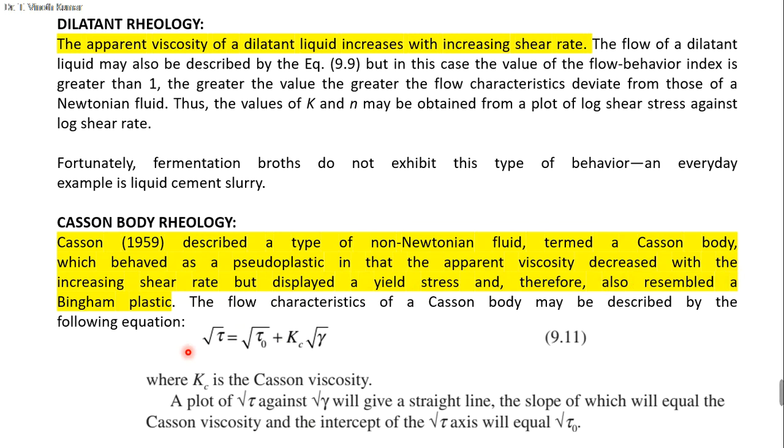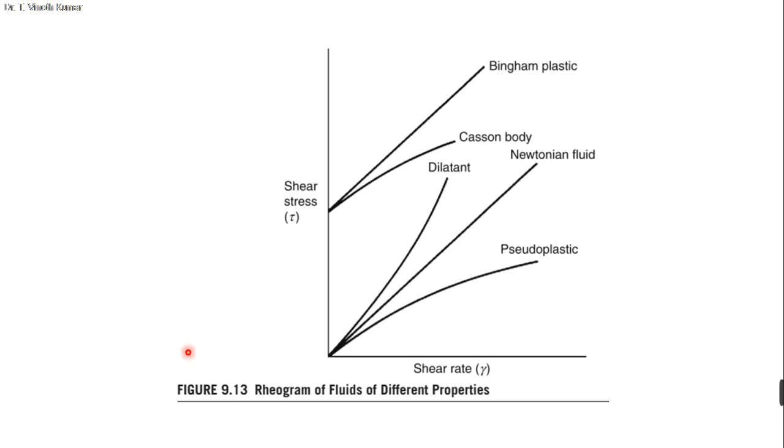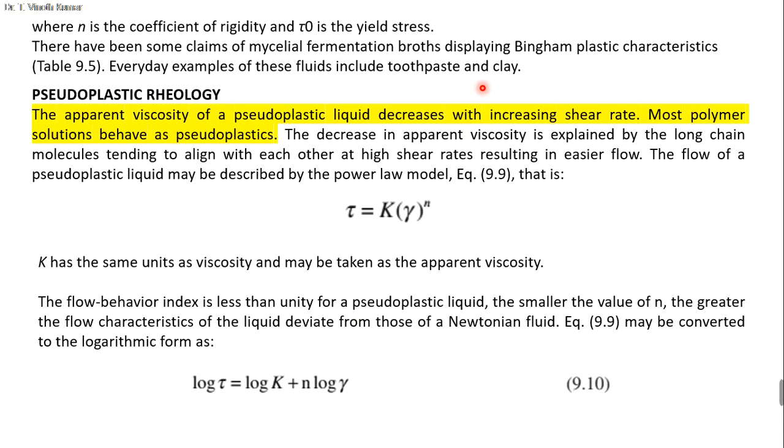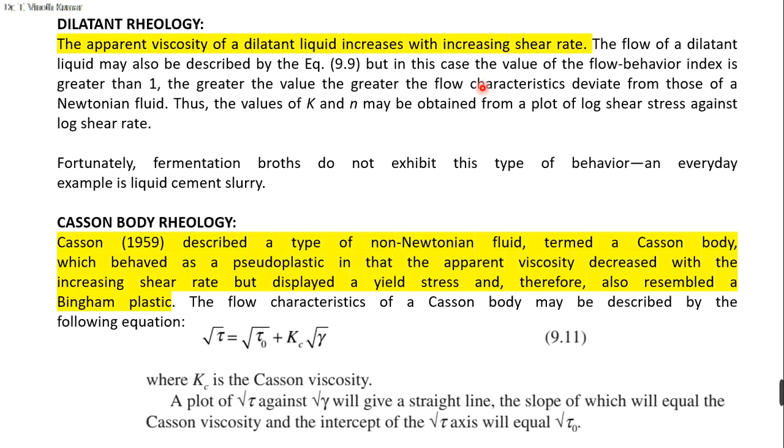You can see here the Bingham plastic and the Casson body are both similar because it is having the same origin. If the shear rate is increased, it is slowly maybe declining. Now the shear rate is not equal to the Bingham plastic, so that is why it is represented here.